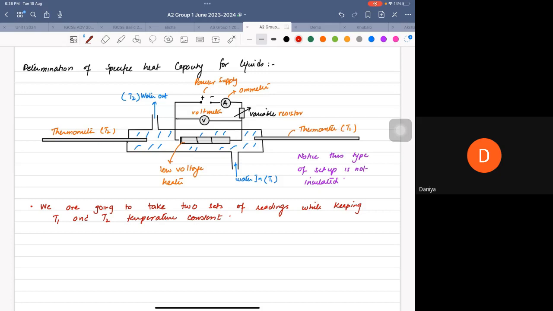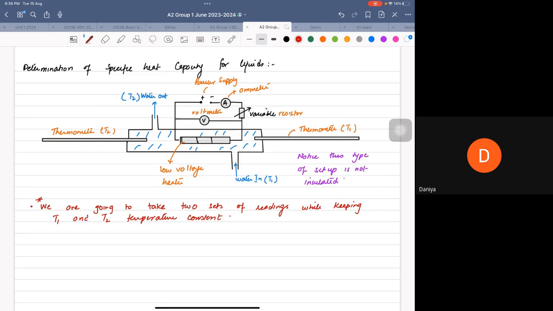Even if we change the power of the heater, we must keep temperature 1 and temperature 2 constant. Do you get what I'm saying? This is our aim. I'll tell you why we're doing this, but you should understand this is the most important point that we need to learn.